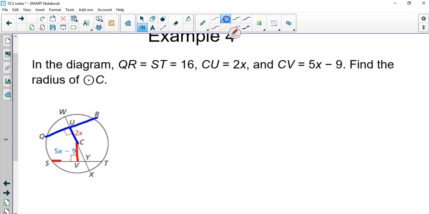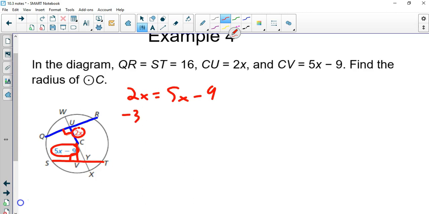So, we know, first off, since these are at right angles, that this and this are equal. So we're going to say 2x equals 5x minus 9.